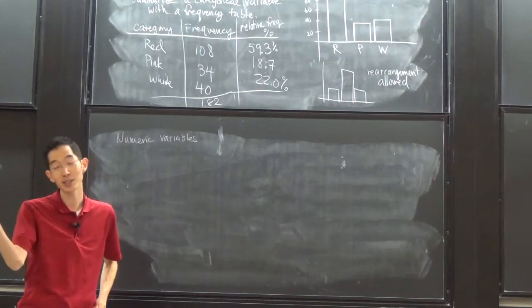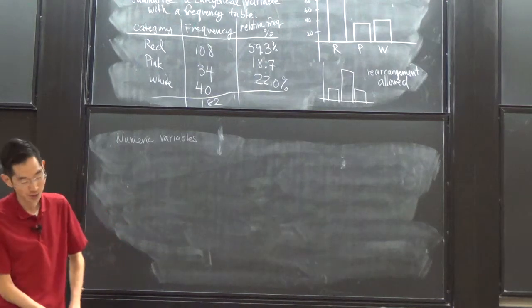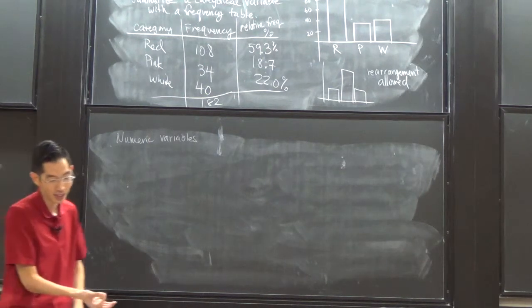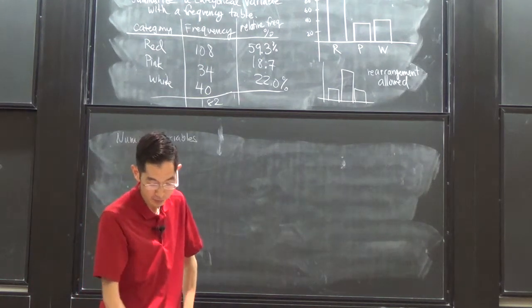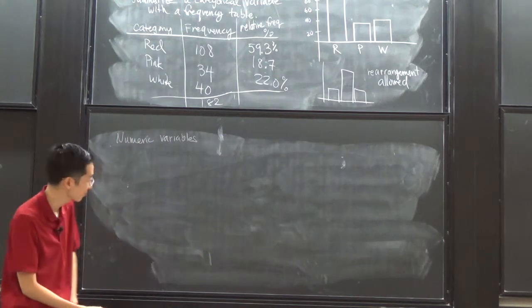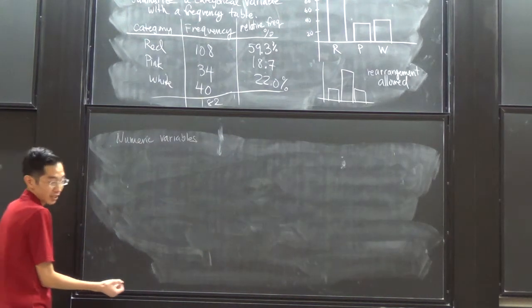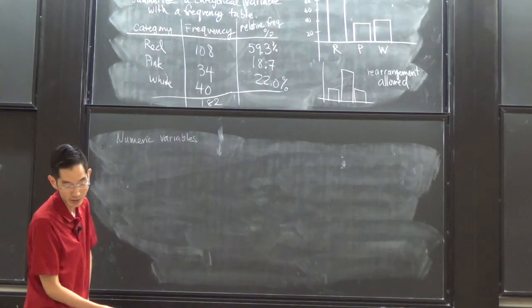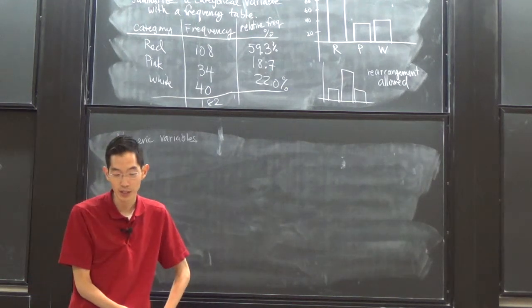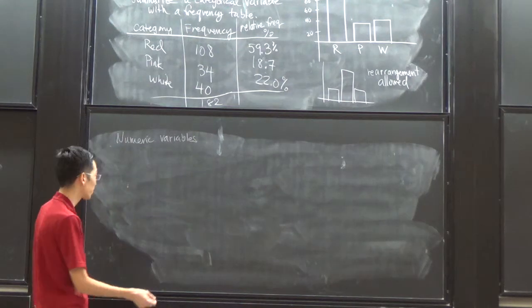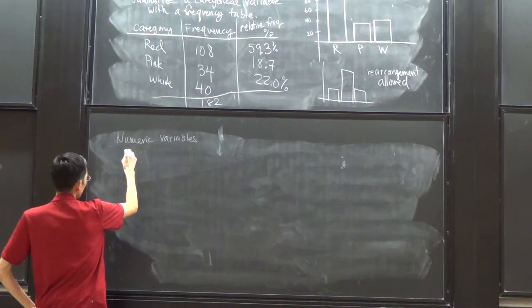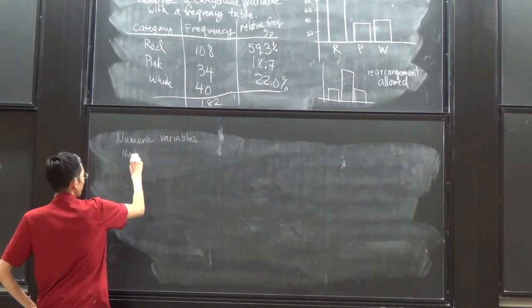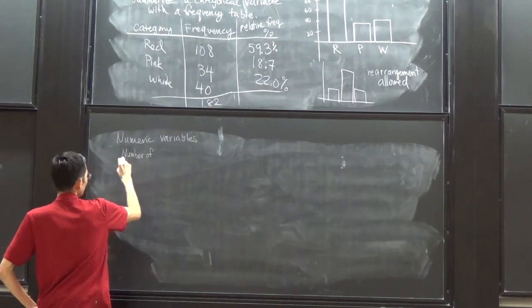Apparently, I know nothing about farm life, so apparently a lot of piglets die before 21 days of age. But we looked at 36 different litters of piglets, and we counted how many survived, and we summarized this with another frequency table. Okay, so this would be a numeric variable, which is the number of surviving piglets.